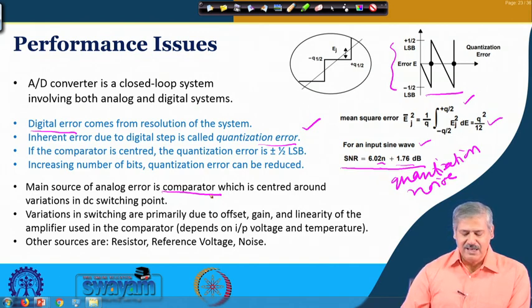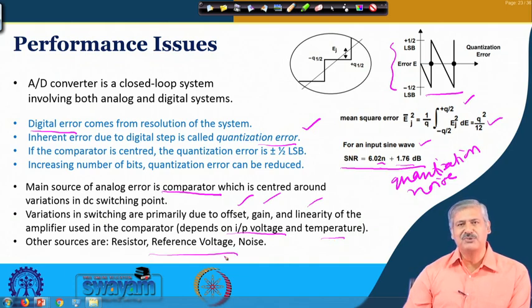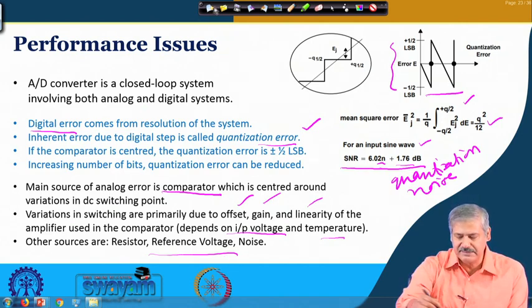And variation in switching happens because of the offset, gain, linearity of the amplifier, all those things, which often depend on the input voltage and temperature. So, there are some other sources. We shall look into them and understand them a bit more in the subsequent slides.